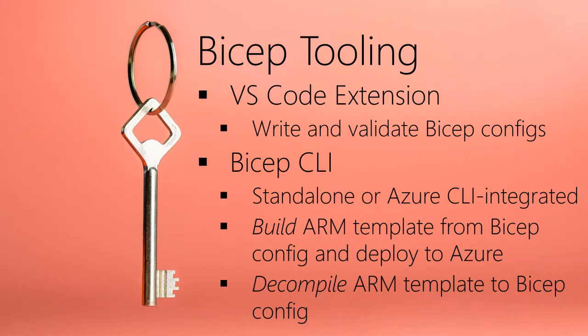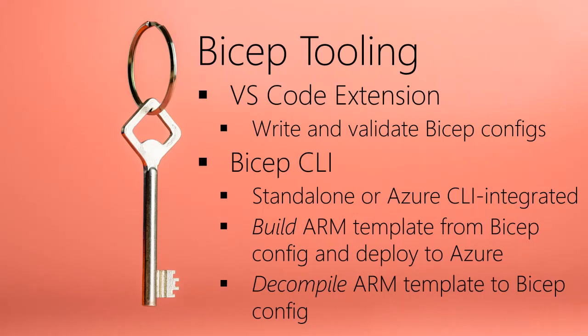If you use Visual Studio Code, this is very much suggested, because it definitely helps you. It gives you IntelliSense, it analyzes the quality of your Bicep file, analyzes the syntax and all of that stuff, and gives you a very good authoring experience. And once we have created our Bicep file, we then need to compile it into an ARM template and then deploy it to Azure.